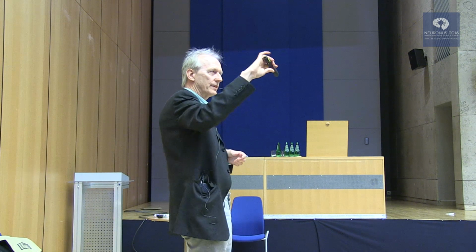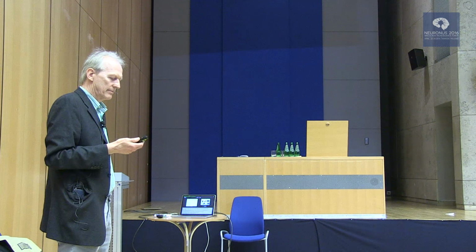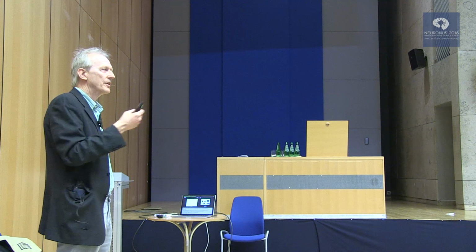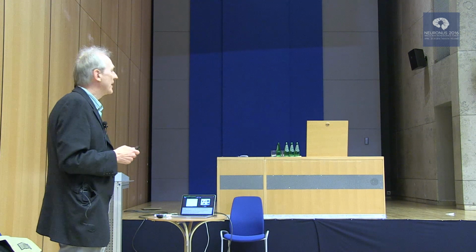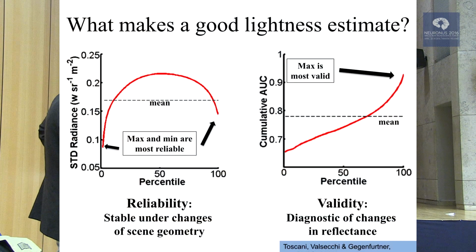Now, what is a good statistic? Well, a good statistic is one that's reliable, one that always gives the same answer, no matter what the orientation of the object is. And reliability has been a very prominent feature in many approaches, especially in the Bayesian approach to visual perception. We want our perception to be reliable. And the statistics we looked at here were the mean and also all the percentiles of the luminance distribution.